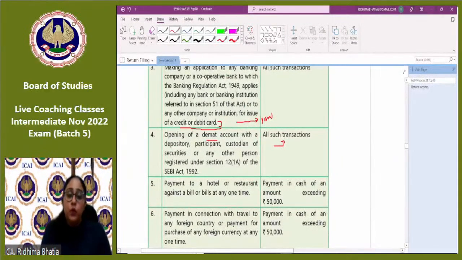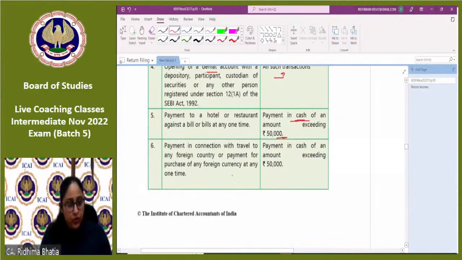If you stay in a hotel or a restaurant where the bill comes to more than 50,000 and you make the payment in cash, then you have to quote your PAN number. If you're making foreign travel and you're making payment for foreign currency, and that foreign currency is paid for in cash, you have to quote a PAN number.